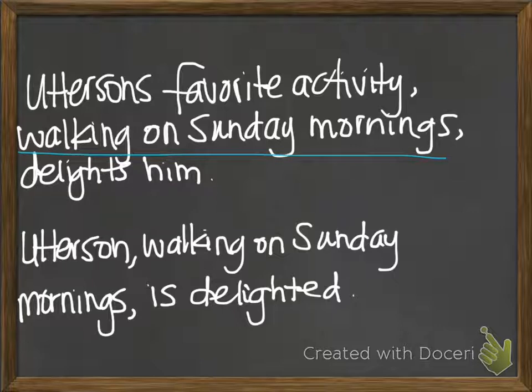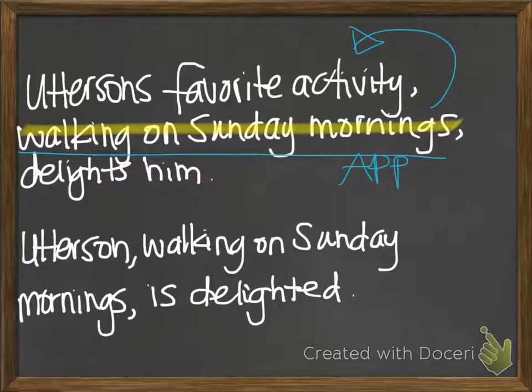We just did this kind of phrase where you're renaming the noun that comes before it. So if I'm renaming this noun, this gerund is acting as an appositive. The thing about this is that gerunds that act as appositives are the only type of gerund that you can take out of the sentence and still have a logical sentence. As opposed to the next one, where you have Utterson walking on Sunday mornings is delighted.